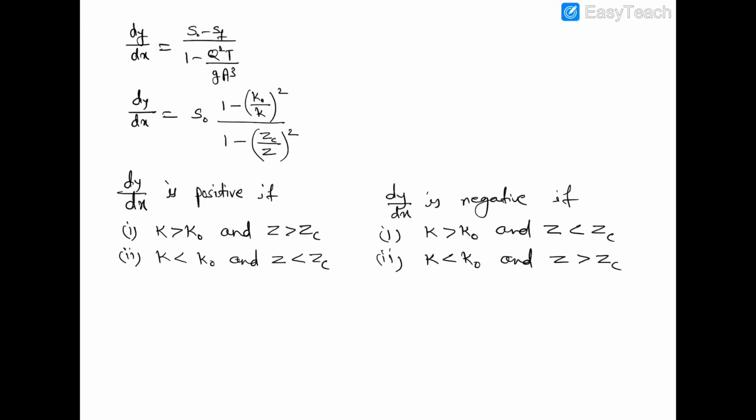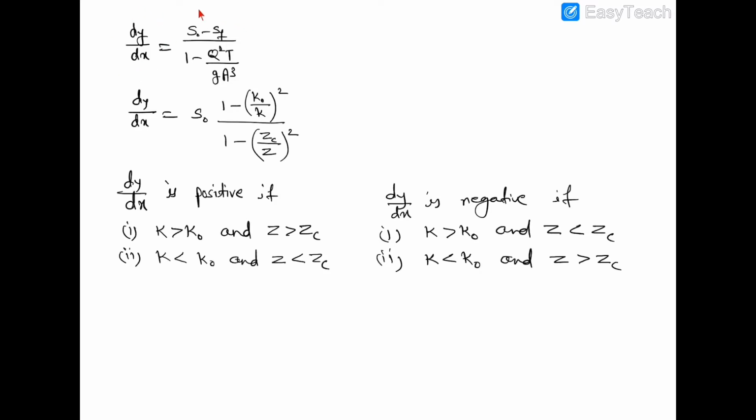Depending upon the channel category and region of flow, the water surface profile will have characteristic shapes. Whether a given GVF profile will have an increasing or decreasing water depth in the direction of flow will depend upon the term dy upon dx.